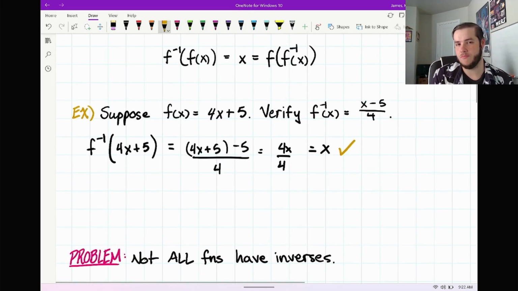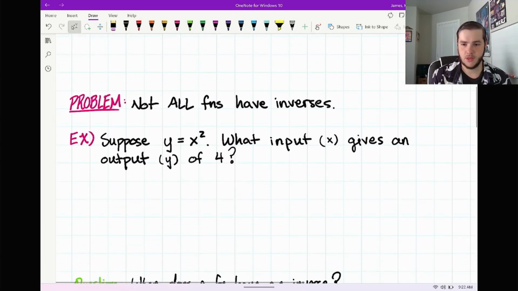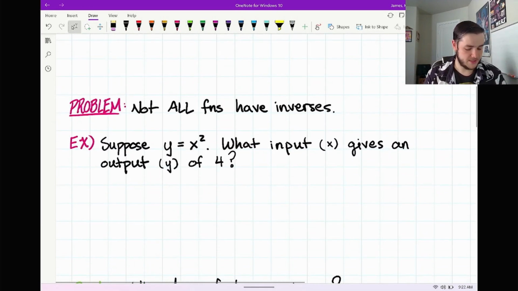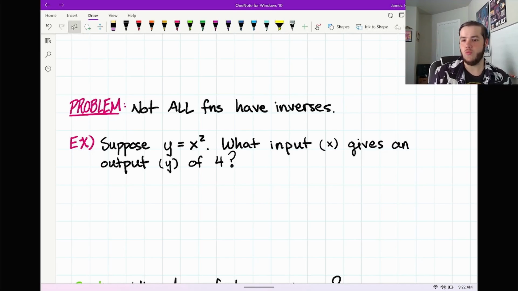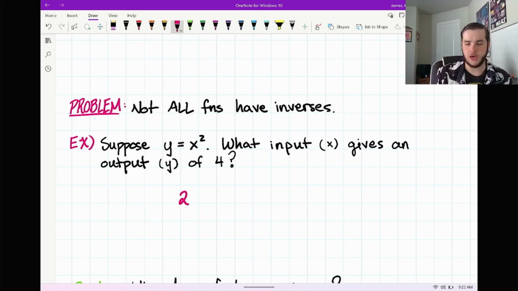But here's the problem. Not all functions have inverses. For example, let's consider the function y equals x squared. What input gives you an output of 4? Well, you're probably thinking to yourself, 2, right? And you would be right that 2 is an input that gives you an output of 4.